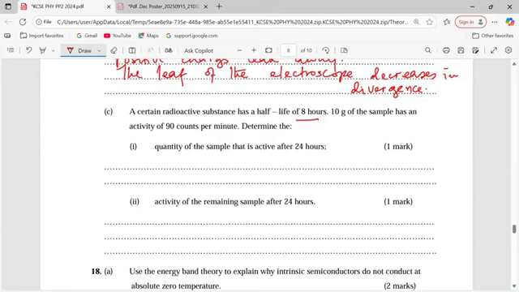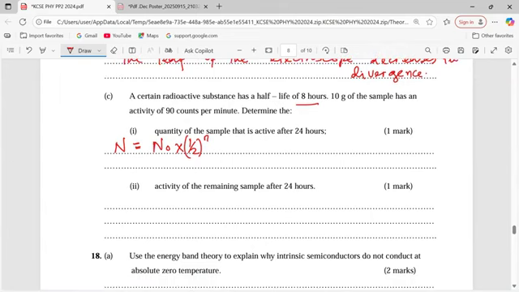We know very well that according to the decay equation, the remaining number is given by original number times half, and half is raised to small n, which is the number of half-lives.